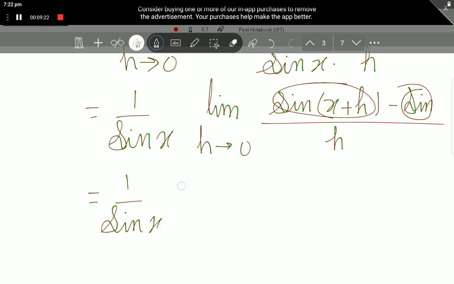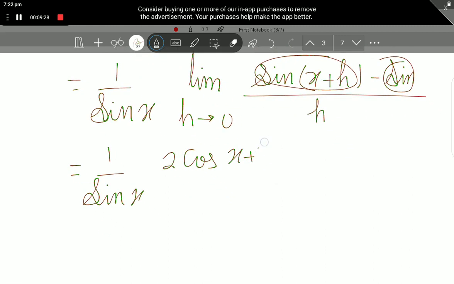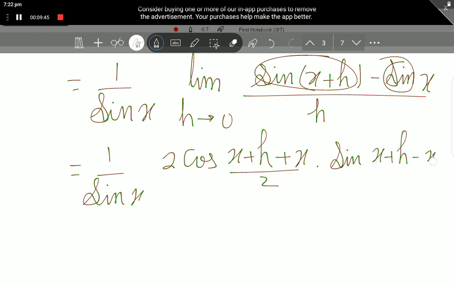So 2 cos of x plus h plus x by 2, into sin of x plus h minus x by 2, everything to be divided by h.